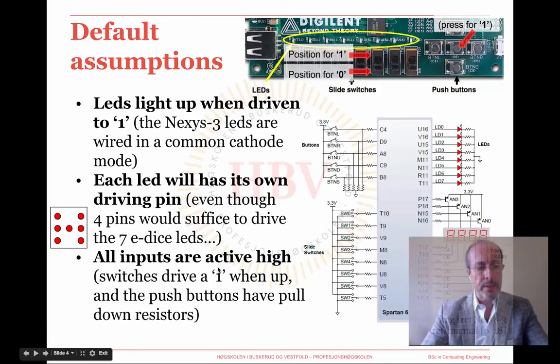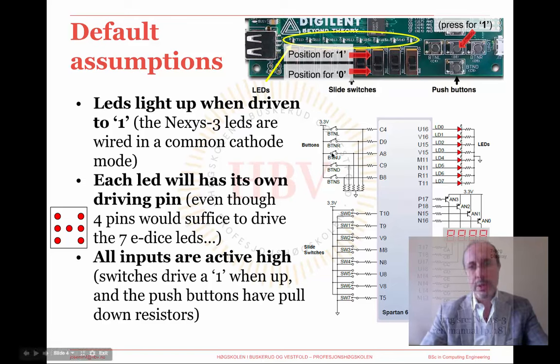Finally, the third assumption is to consider that all inputs are active high. In the case of the push buttons, as you see here, this is again a result of the wiring on the board. As you can see, each push button has an associated pull-down resistor that drives a 0 to the corresponding input when the push button is not being pressed.